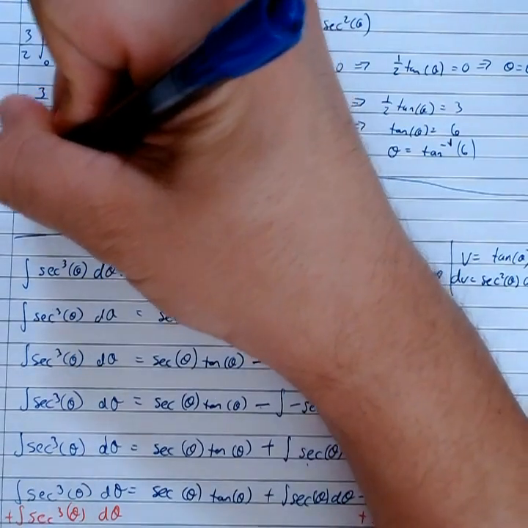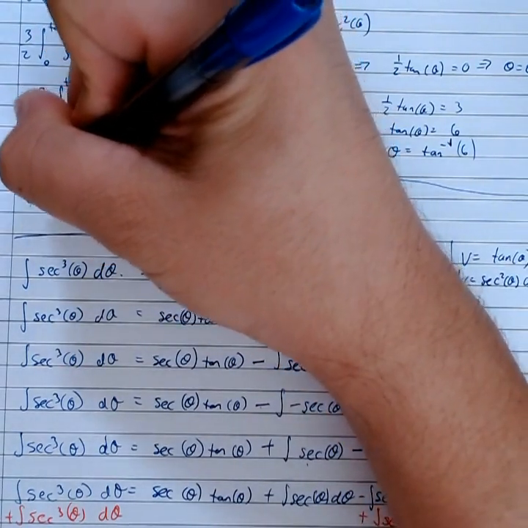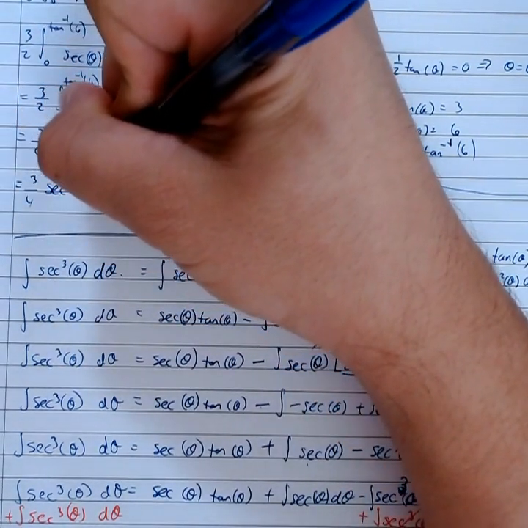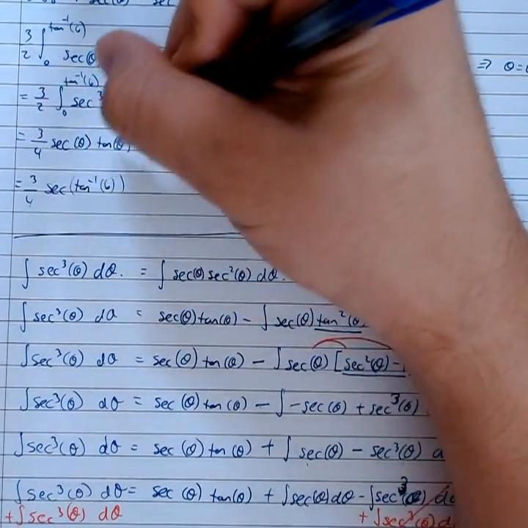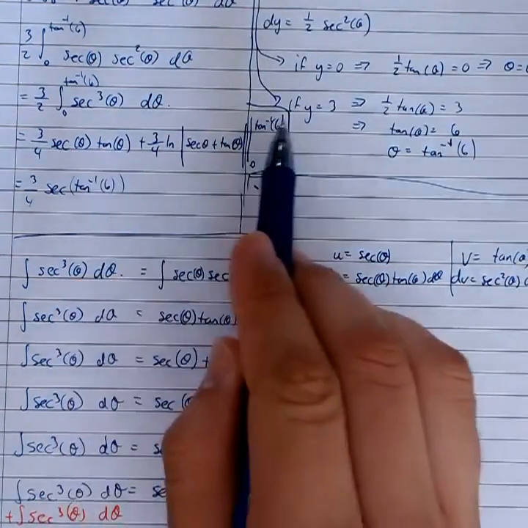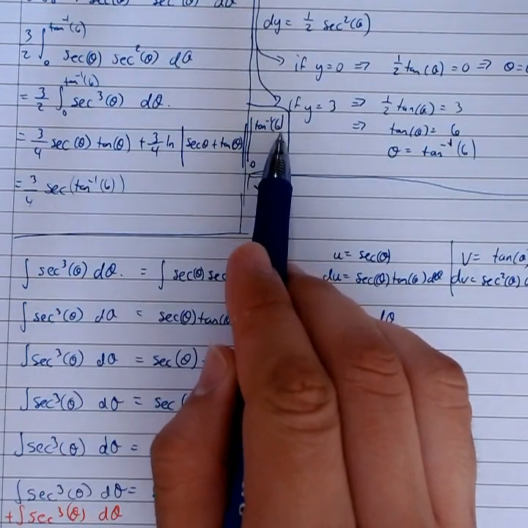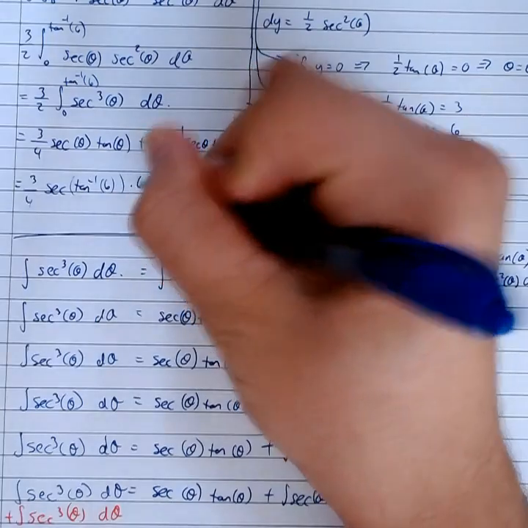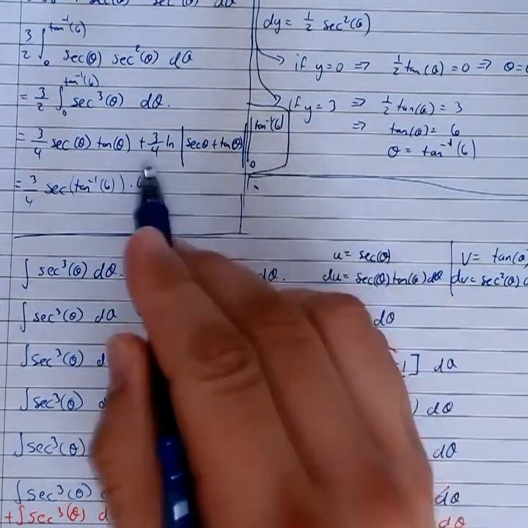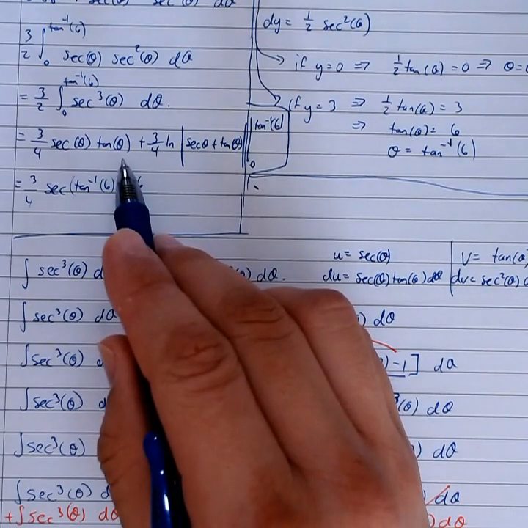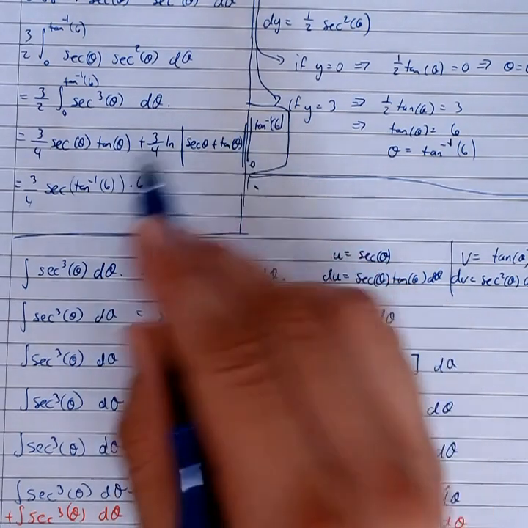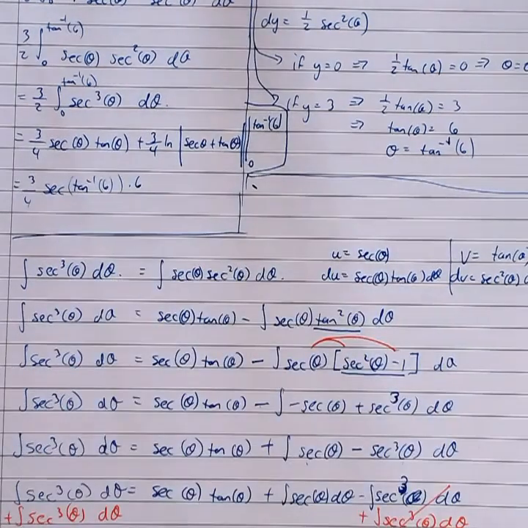So that'll be 3/4 the secant of the inverse tangent of 6 times, here you have the tangent of the inverse tangent of 6, which is just the number 6, right? The tangent of the inverse tangent, those are inverse operations. Since the tangent inverse has an infinite domain, here we can just pop in that number.